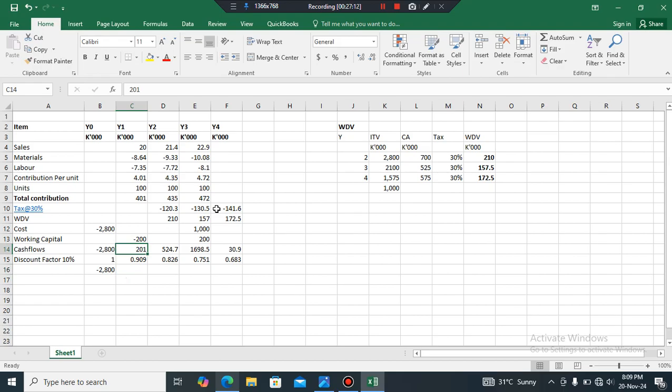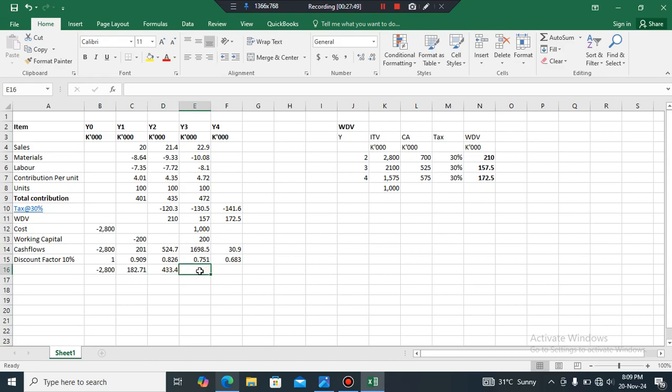So here we say 201 multiplied by 0.909 is giving us 182.71. Then 524.7 multiplied by 0.826 is giving us 433.40. And then the next thing that we have is 1698.5, you multiply by 0.751.